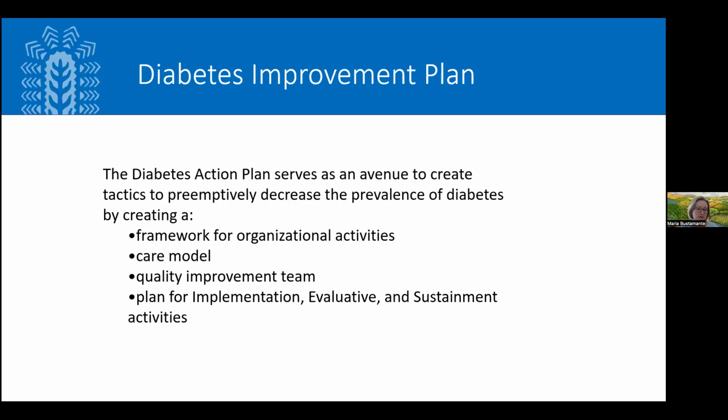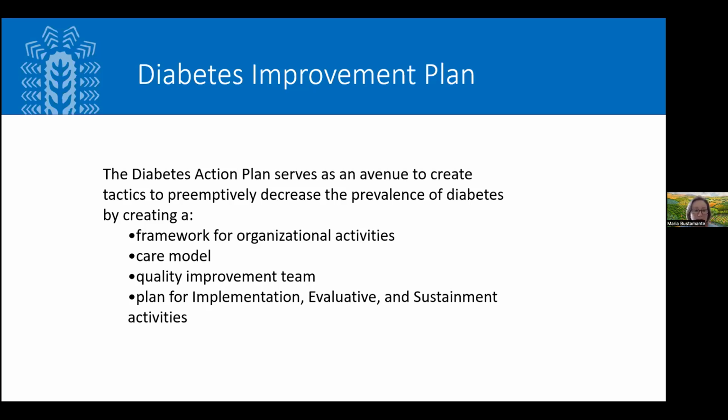The Diabetes Action Plan serves as an avenue to create tactics to preemptively decrease the prevalence of diabetes. So what do we do in that? We create frameworks for organization activities. We create care models. So a chronic care model is a great example for that, right?